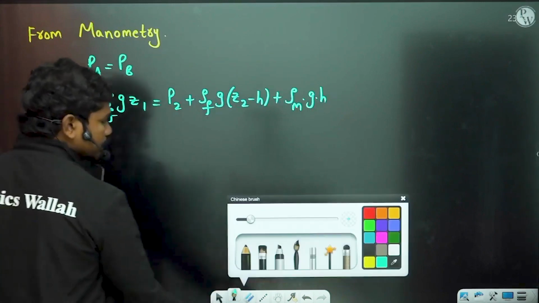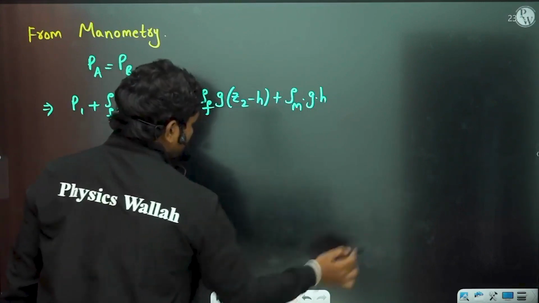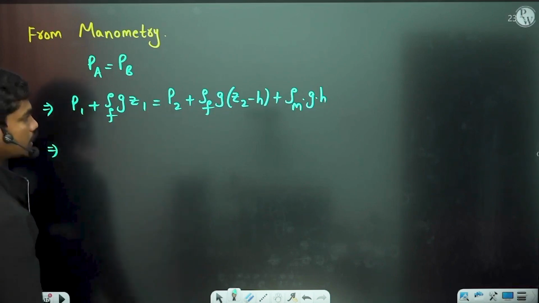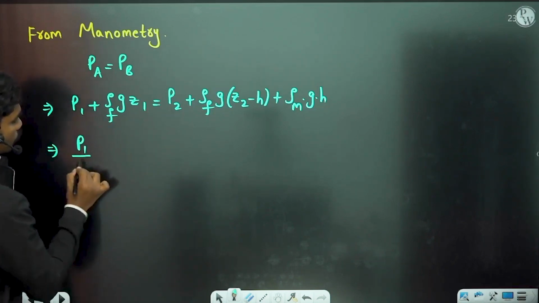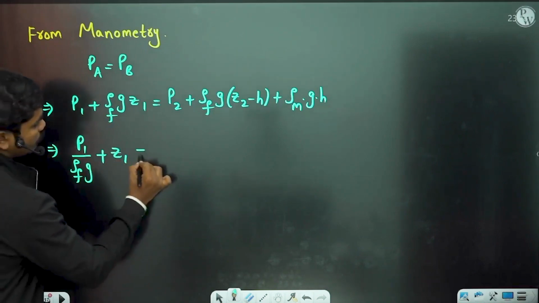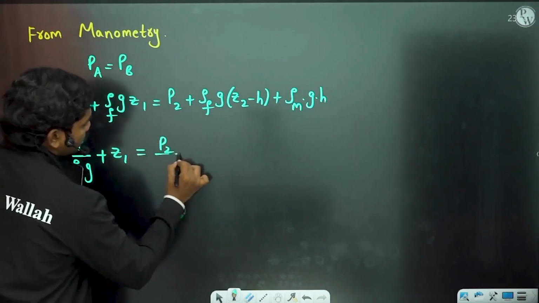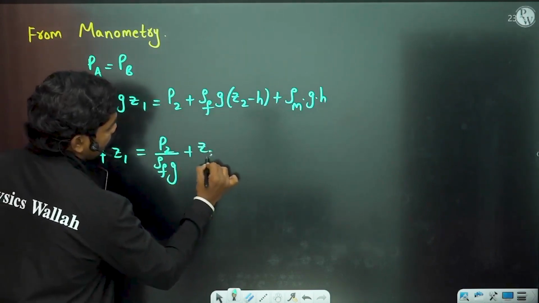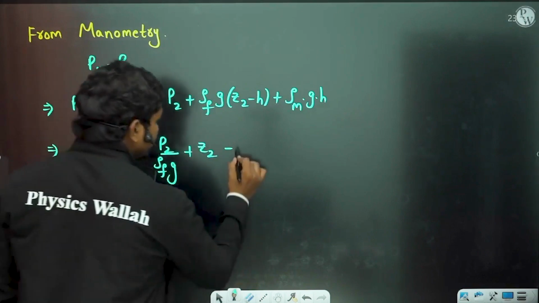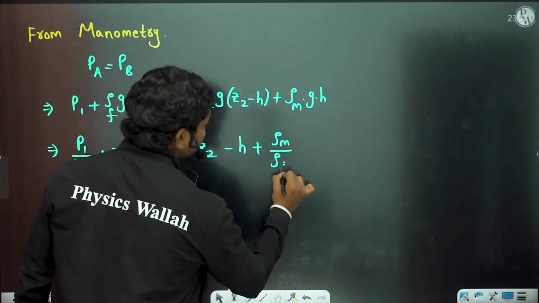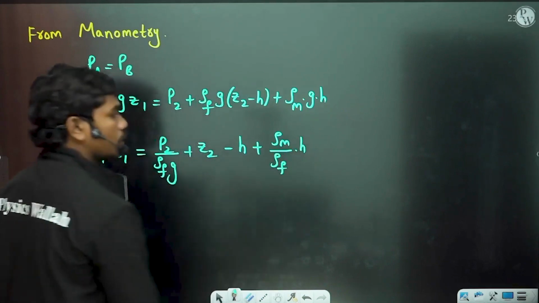Now we can cancel out a few things here. If you divide this complete equation by rho fluid g, then P1 by rho fluid g plus z1 is equal to P2 by rho fluid g plus z2 minus h, plus rho manometric fluid by rho fluid times h. Correct?